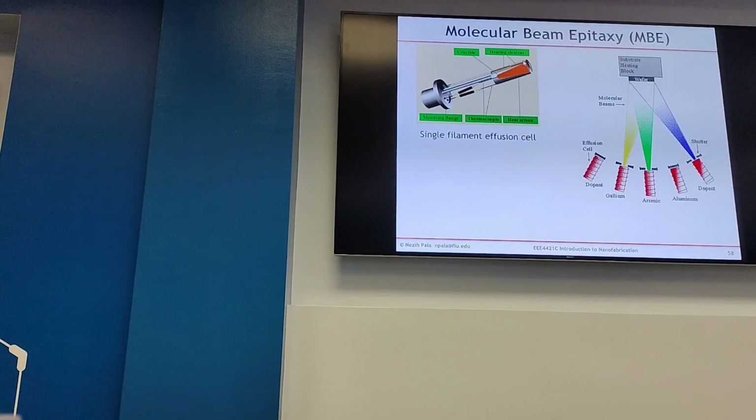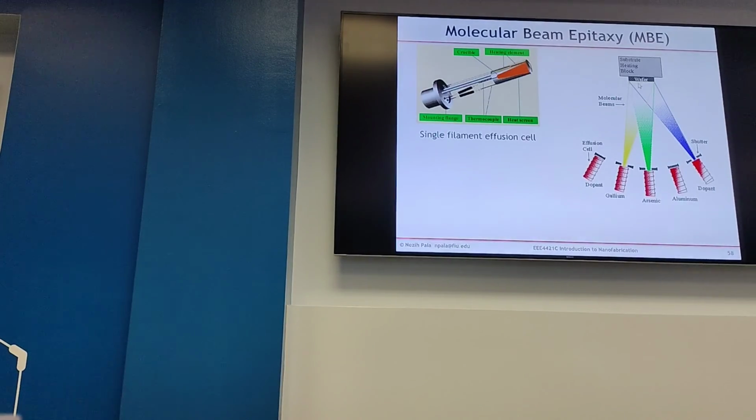As you see here, you put the material you want to deposit, you heat it, and you can have many of them, so that you can have an alloy with the desired composition. Okay, that's dopant, gallium, arsenic, aluminum, dopant. You can deposit aluminum gallium arsenide with varying composition, and you can also introduce dopant atoms, and you evaporate them at very, very high vacuum.